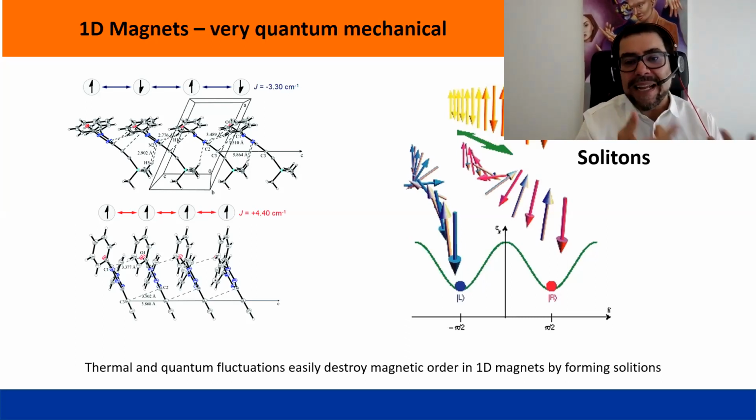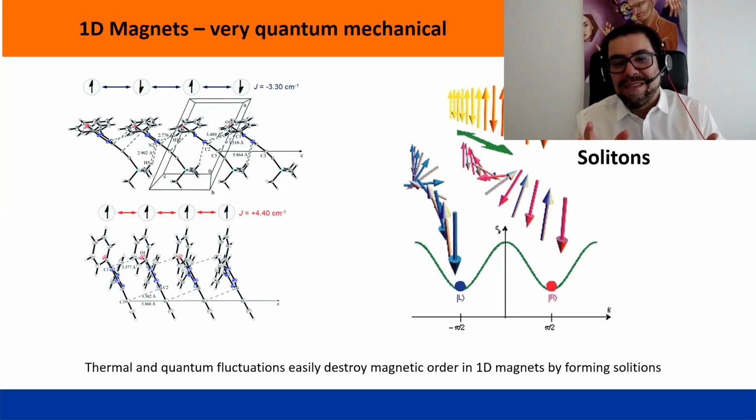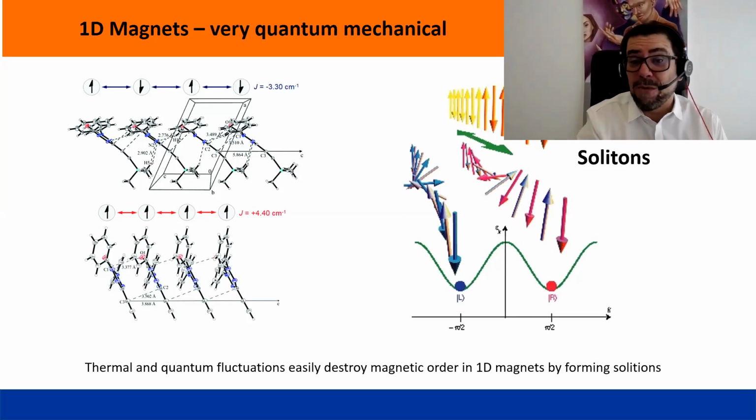Essentially, there is a tendency in these magnets to form what's called topological defects, which are essentially solitons, which can propagate along these magnets and destroy the magnetic order. So magnetic order in 1D is highly affected by quantum mechanical motion of the magnetic moments.